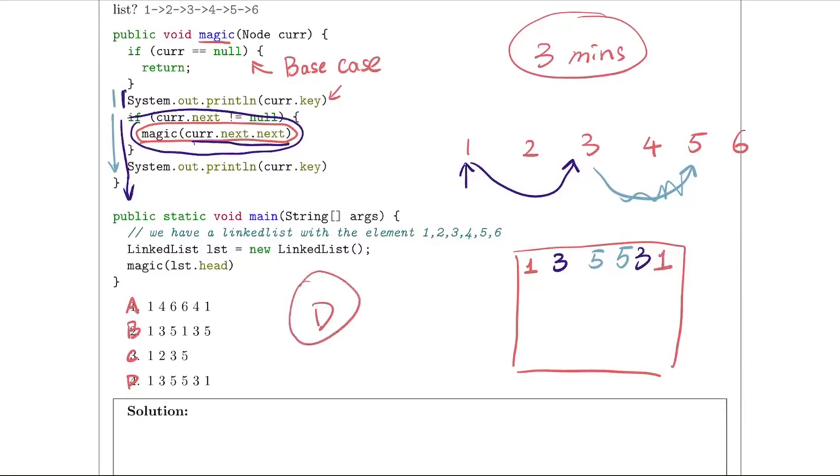Any questions? I got one. When we get to the first 5 statement and we go into the if, we check if current.next doesn't equal null, which it doesn't, so it'll be magic current.next, the null one right after 6, right?